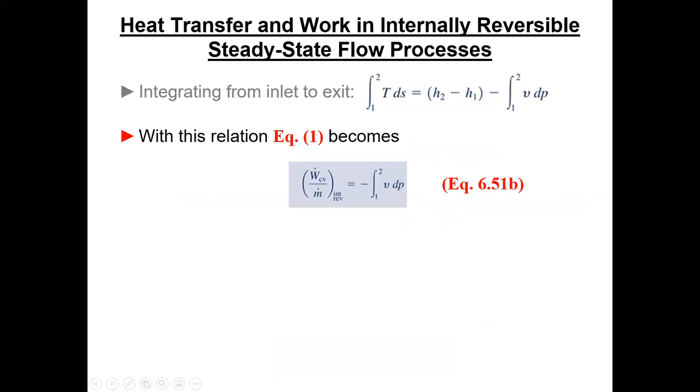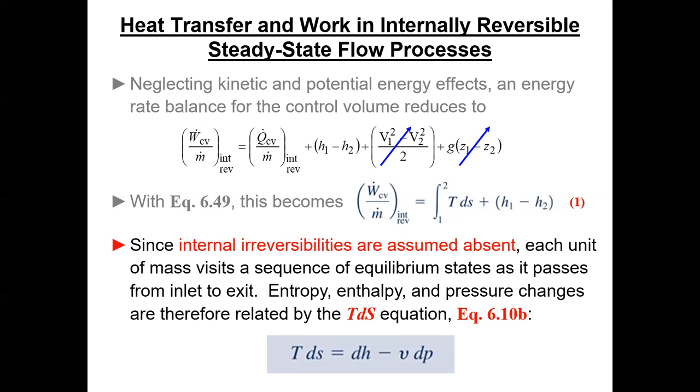And we wind up with, for internally reversible processes, steady state and all that, that the work per unit mass of the control volume is the negative of the integral from 1 to 2 of v dP. And where does that come from? Just this little derivation is where it comes from, right here.